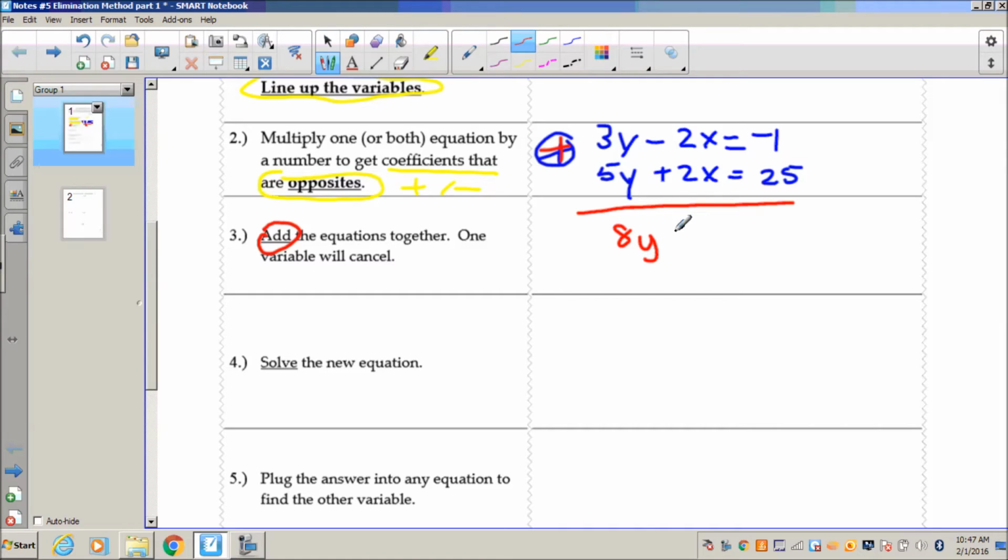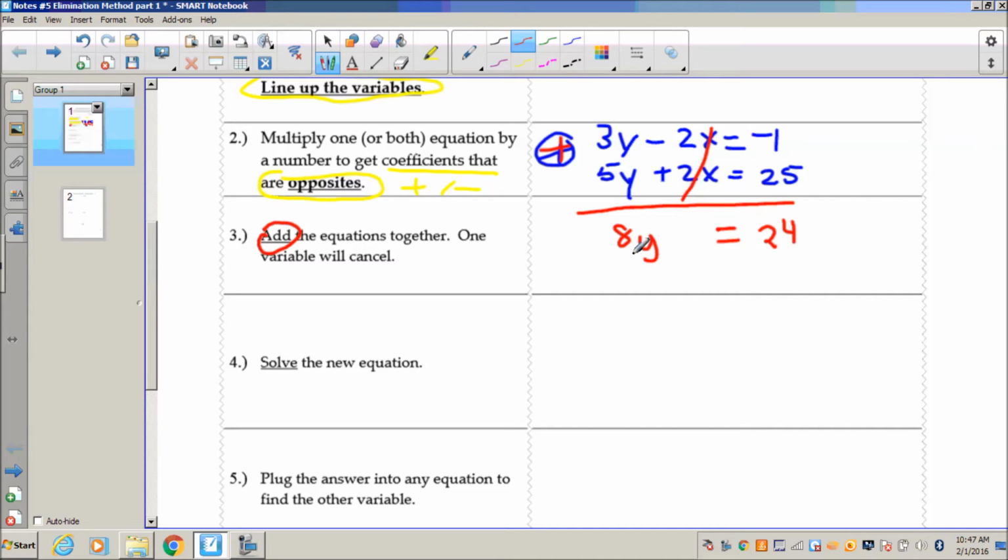I'm going to combine like terms. -2x and +2x equals 0. These actually cancel out, which is what I wanted. That's why I wanted them to be opposites. And then -1 plus 25 is 24. So now I added the equations together, and one of the variables eliminated. That's why it's called the elimination method.